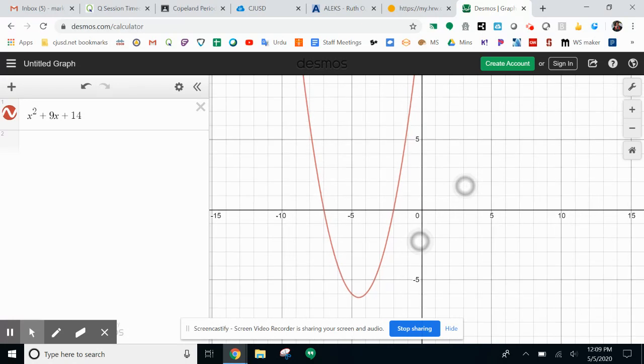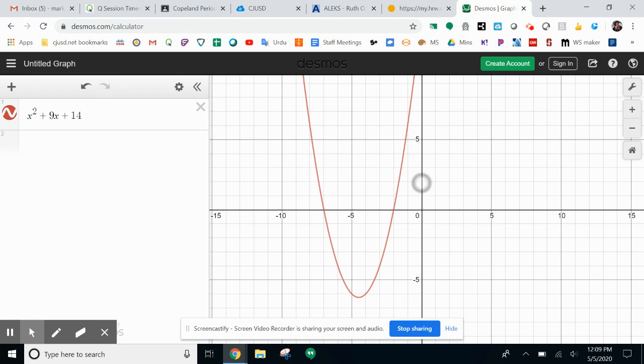On this graph, we have this quadratic, called a parabola. This parabola goes through the x-axis at two spots. It comes down underneath it and comes back up.